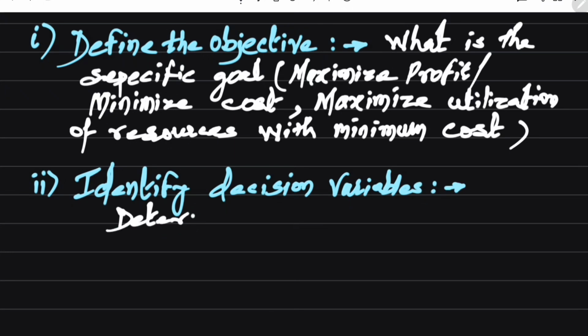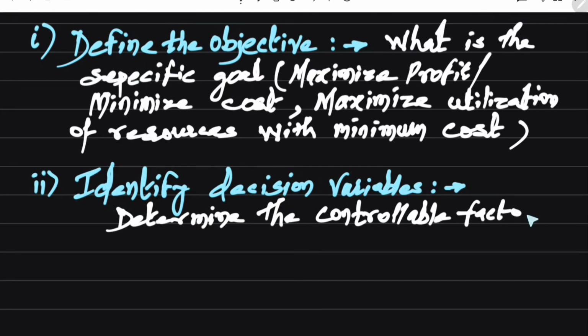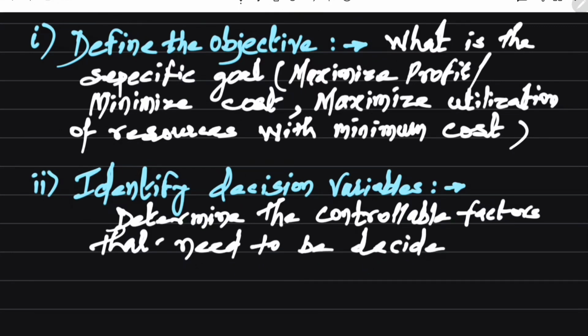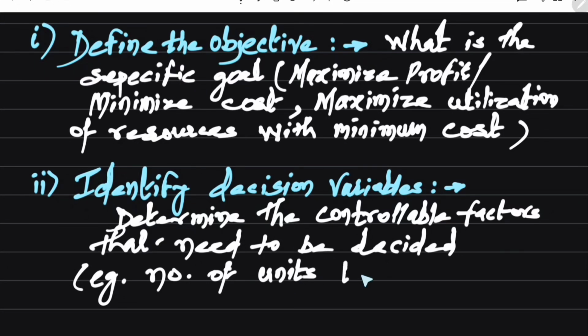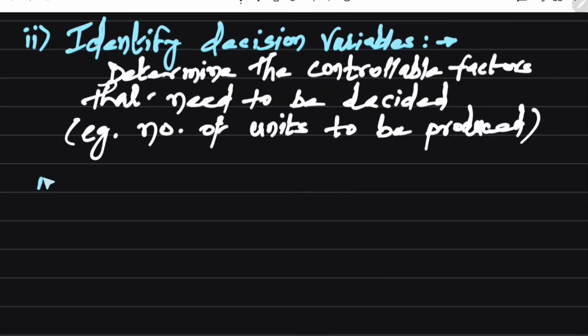Determine the controllable factors that need to be decided. Example, number of units to be produced in that factory or by that manufacturing unit.